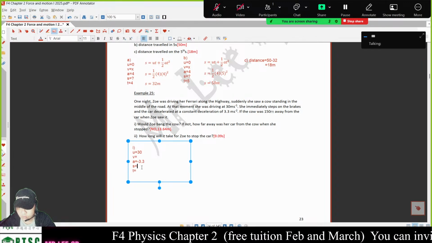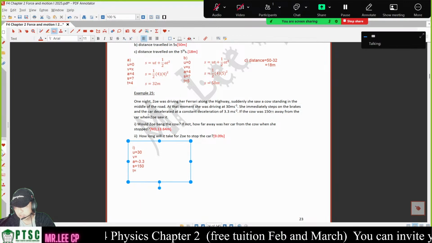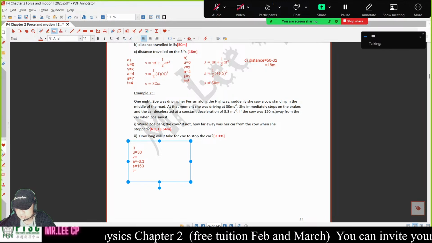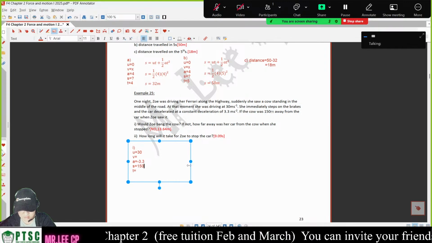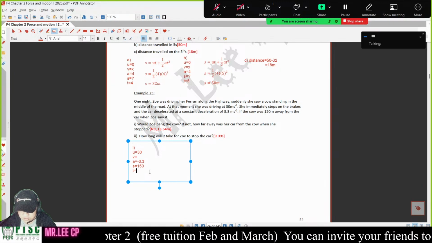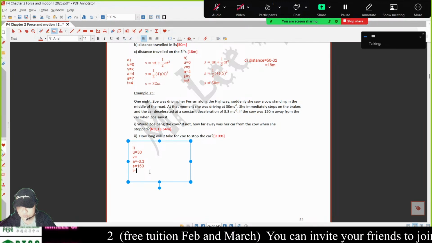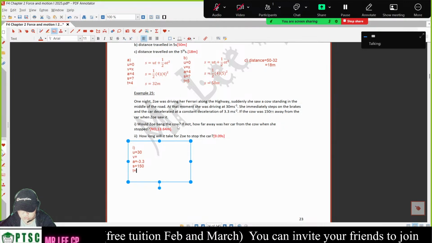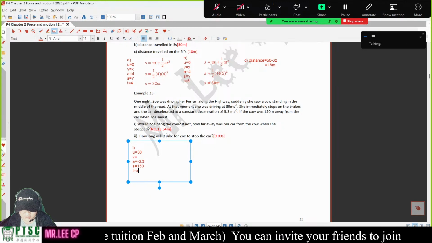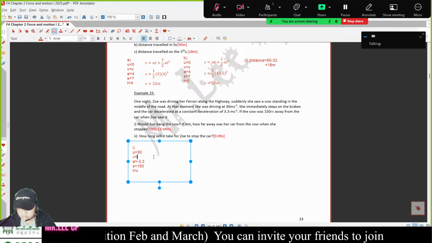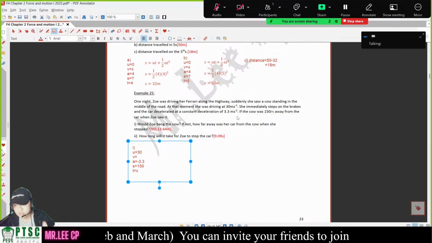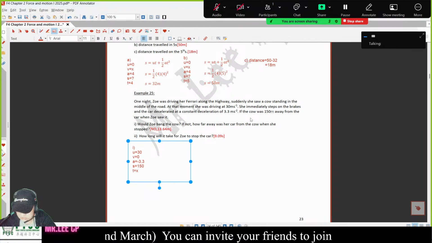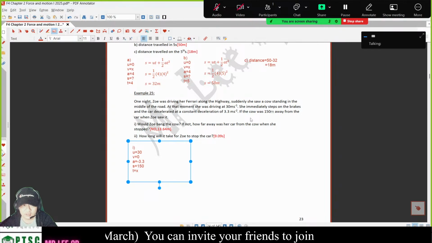Then 150, from Zoe to the cow, right? So we don't have T. And then V, you need to stop, so V is 0.